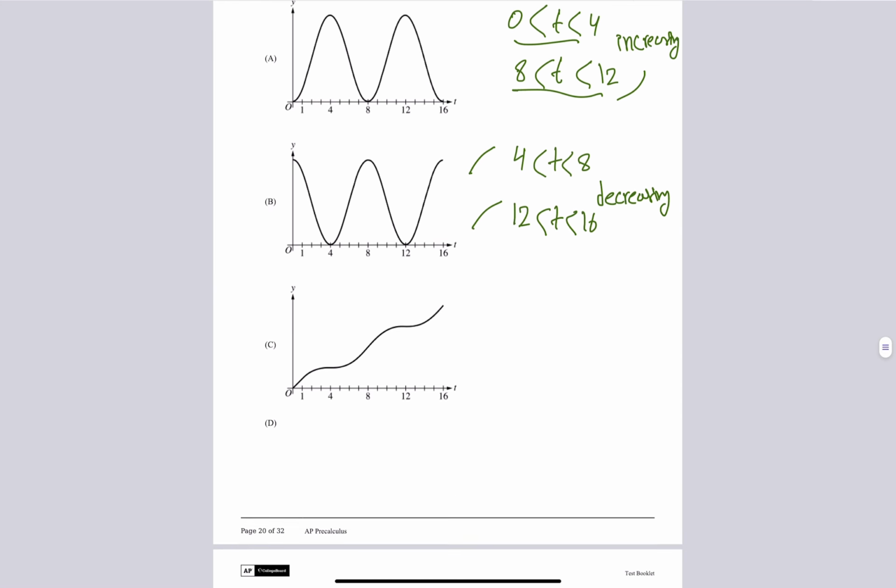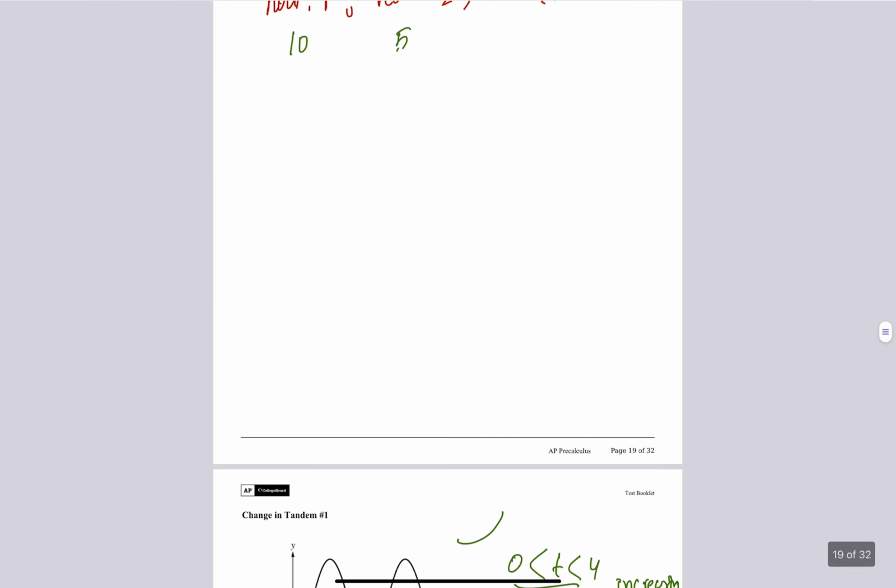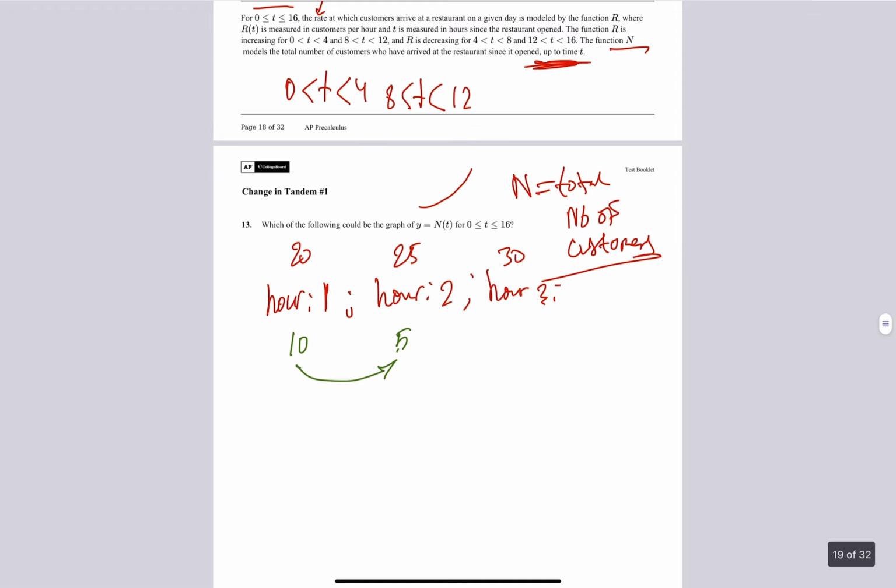So it's definitely not A or B, because the total is always increasing, as we've mentioned. So 10, 5, 15, even if this is 0, let's say it's 2, it would be 17, and so on and so on. The rate is decreasing. Let's say this is 1, it would be 18. The total number of customers joining is always increasing, but the rate at which the number of customers is joining is decreasing.